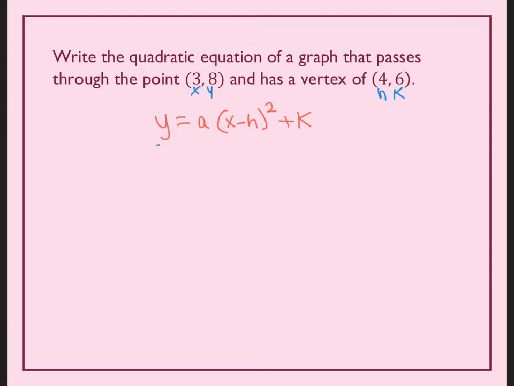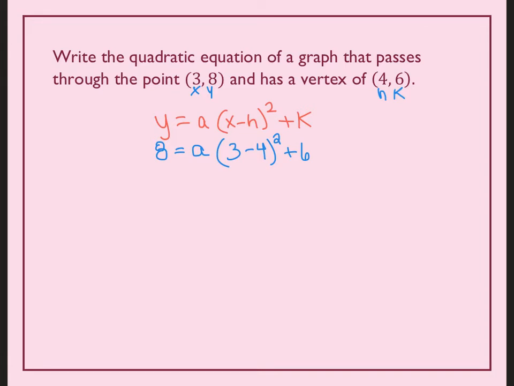So my y value is 8. I don't know a, so I need to leave a in the equation. x minus h squared plus k. So now all my values are plugged in and I'm going to solve for a.